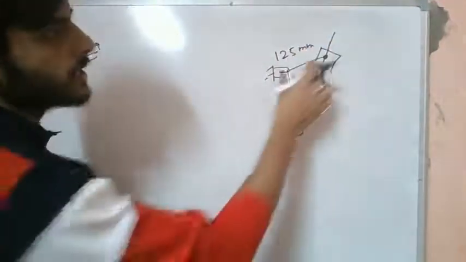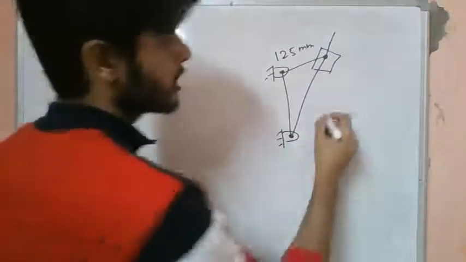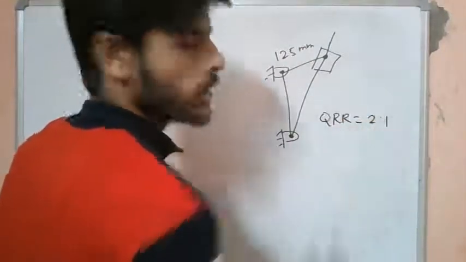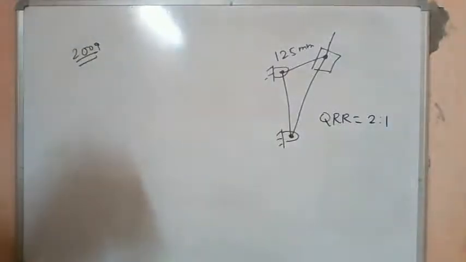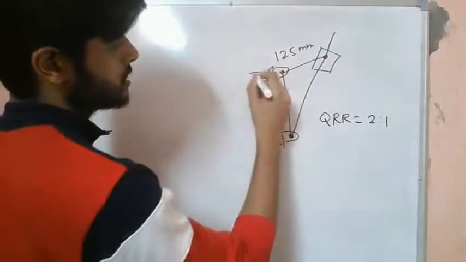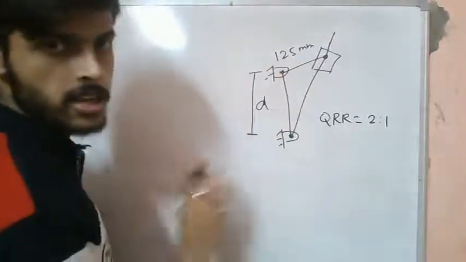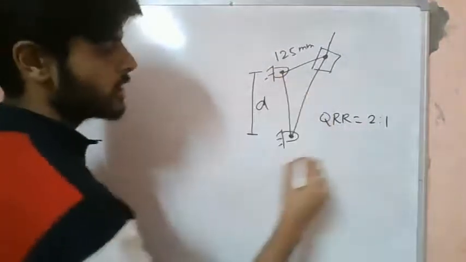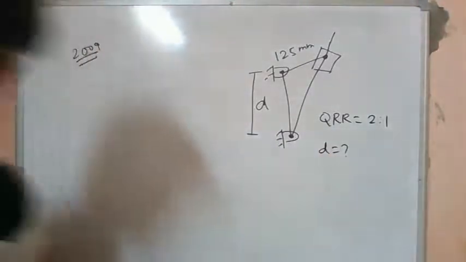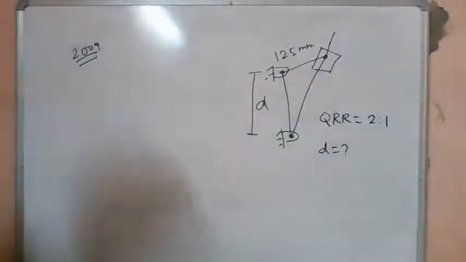The quick return ratio is given as 2:1. This distance is d, and we are required to find out this d. Fine, this is from GATE 2009.